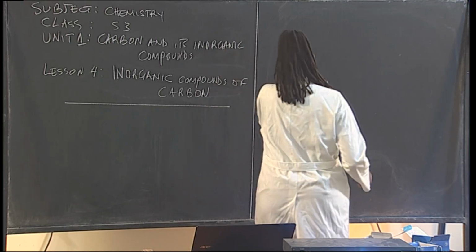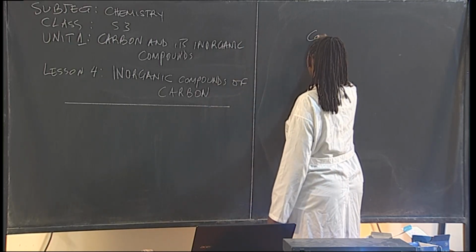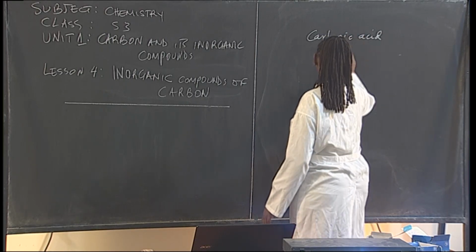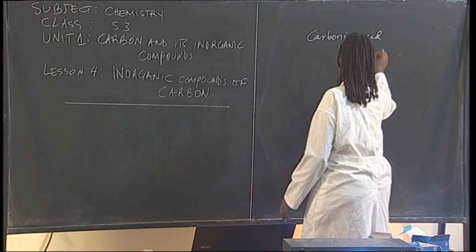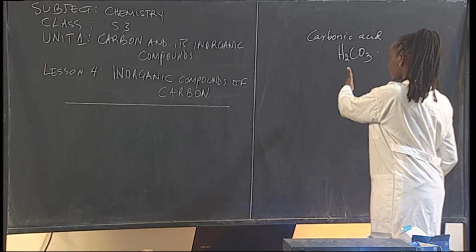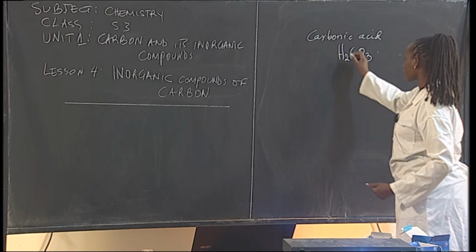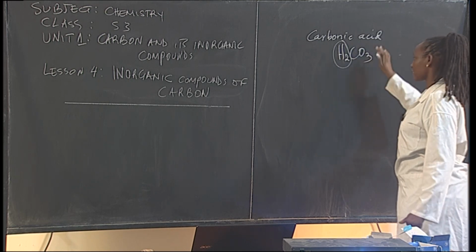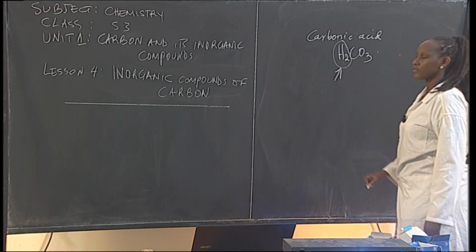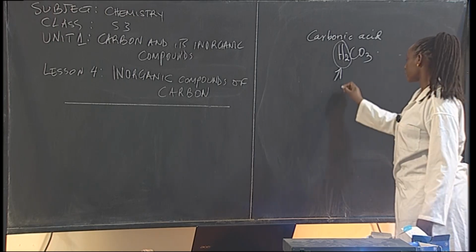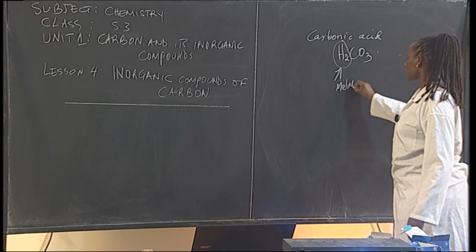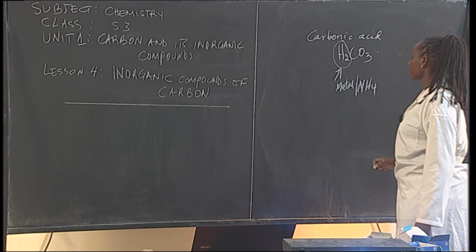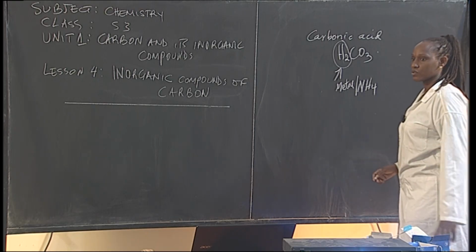So you know what we call carbonic acid, with an equation of H2CO3. All right? So when the hydrogen of carbonic acid is replaced by either a metal or ammonium, we form carbonates, metal carbonates or ammonium carbonates.